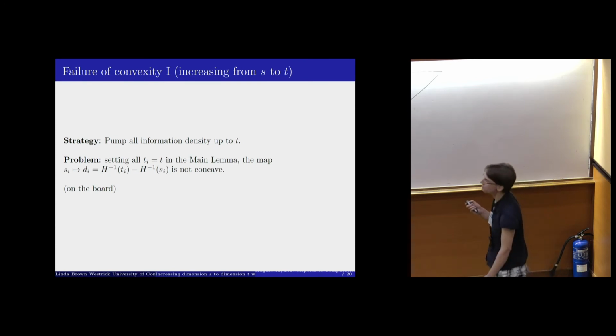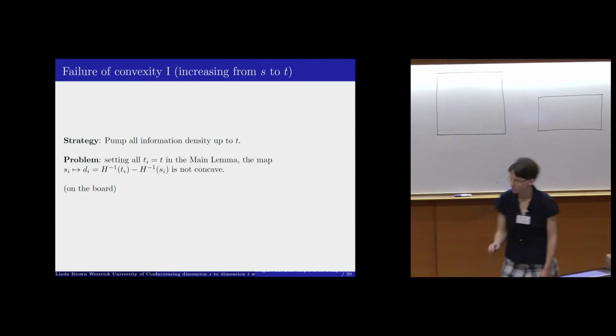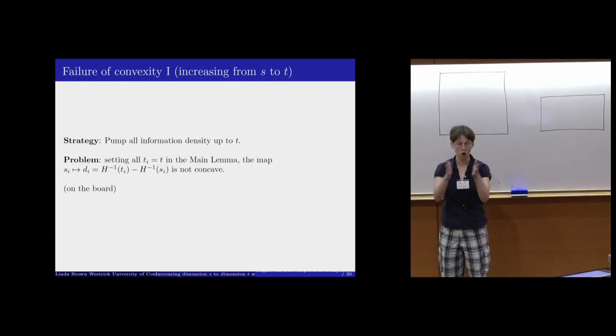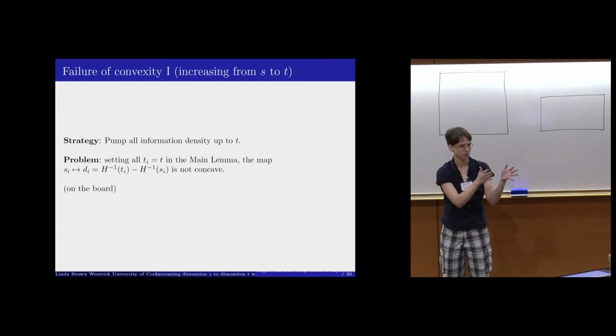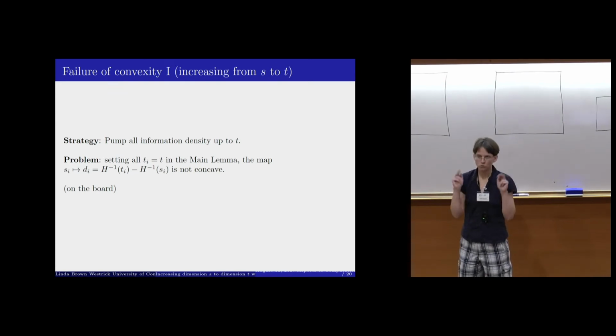If you look at the strategy that we used in the first case, which was basically to set all of the ti equal to 1 so that all of the segments have high dimension 1, that strategy could be described as: use whatever distance is necessary, whatever density of changes is necessary, in order to pump up each individual chunk to the desired effective dimension.